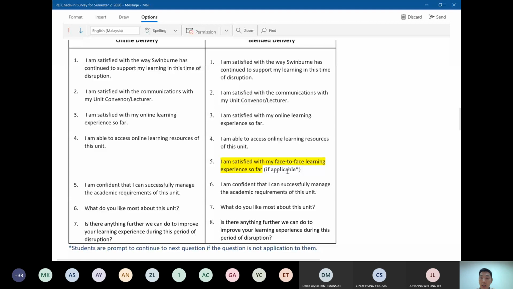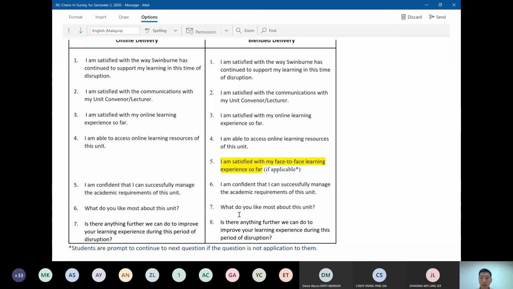Question number 6 is about whether you are confident you can manage this unit in terms of the academic requirement well. And question 7 is an open-ended question, so you are free to write anything you want. What do you like most about this unit, about economics?